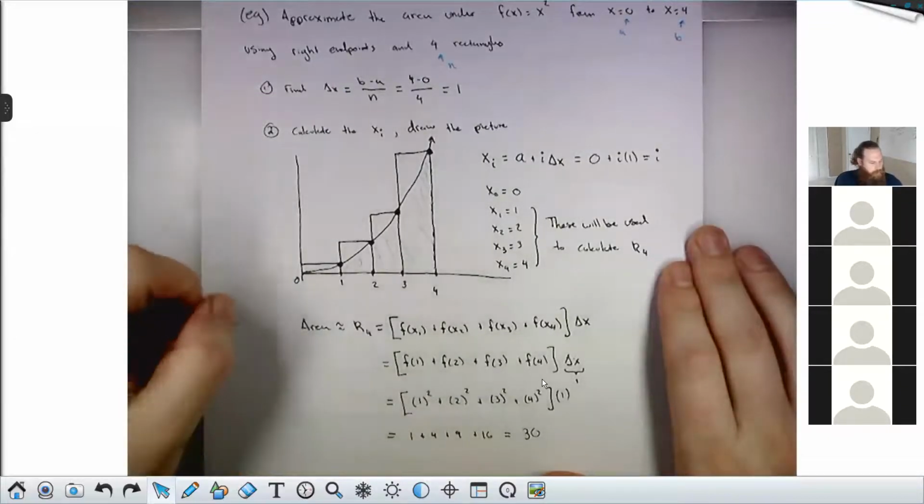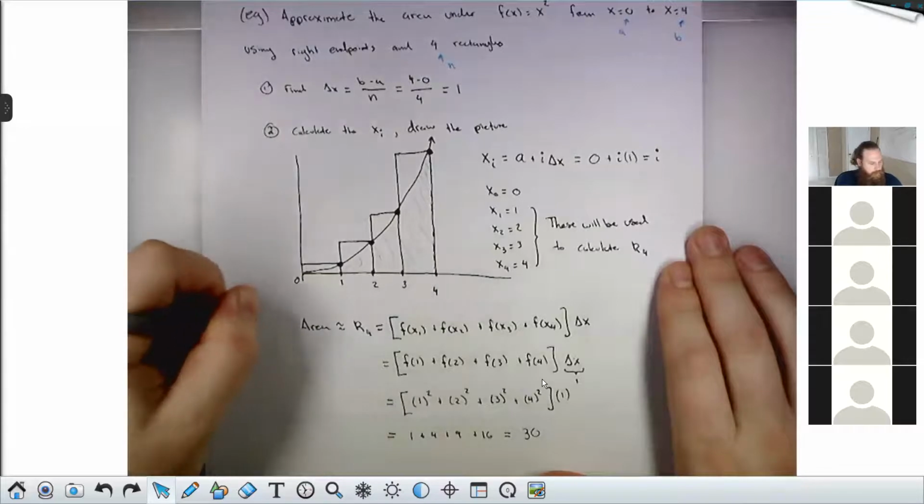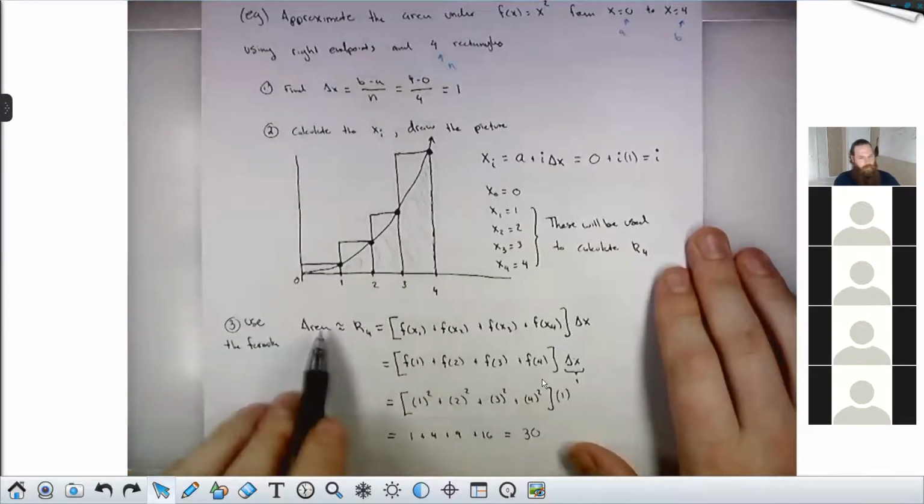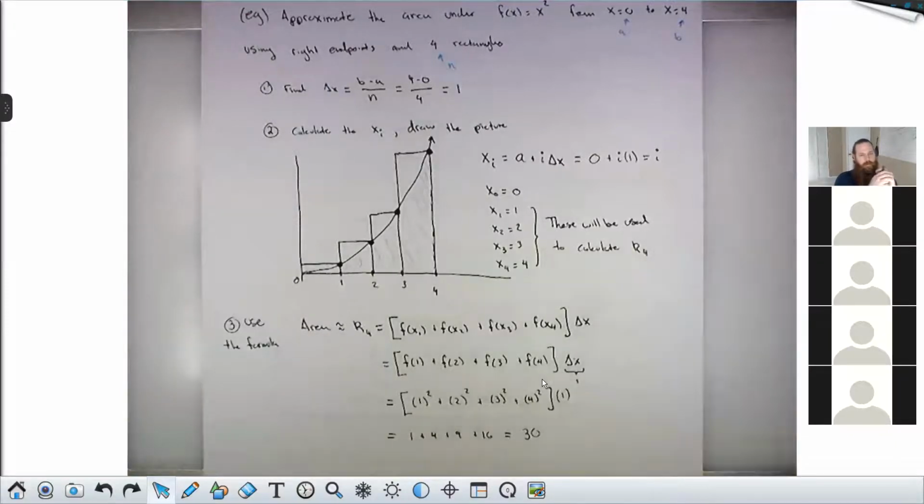What we did from here is then just use the formula. Step 3, where we actually do our calculation, is just using the formula for Rn. We just plug into the formula for Rn. Questions on the calculation, the picture, any of the formulas?